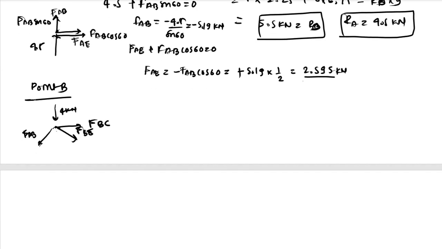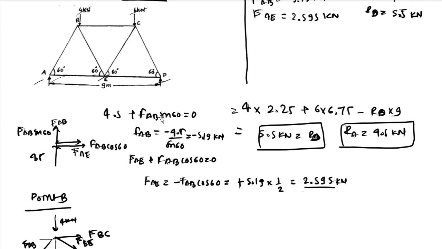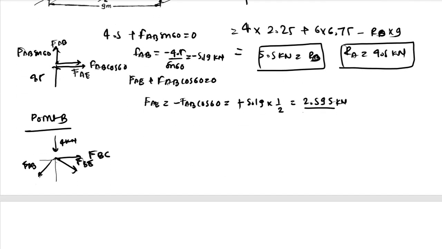Yeah, these are the forces acting at point B. We need to resolve this force into its components, and we have this total angle as 60, so this will become 30 and this will become 30. So we have FBE cos 30 and FBE sin 30.